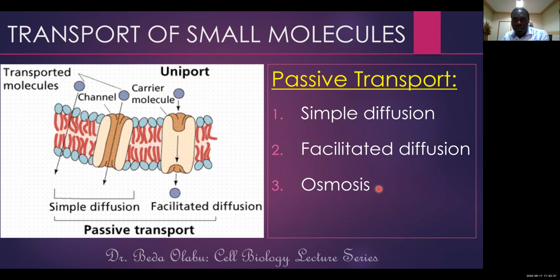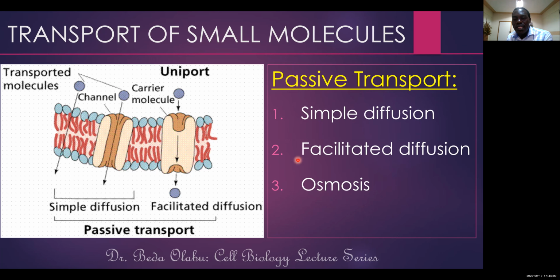Therefore, water molecules will move from a solution that's hypotonic, which means there are more water molecules there, to a solution that's hypertonic, which means there are fewer water molecules there. In so speaking, we are still having diffusion of water molecules from where they are more to where they are less. Osmosis is still a type of passive transport.